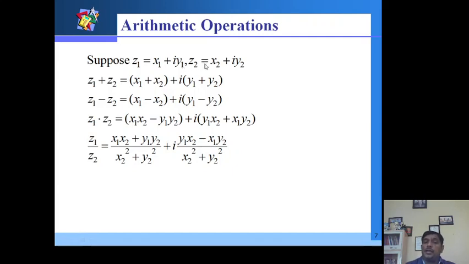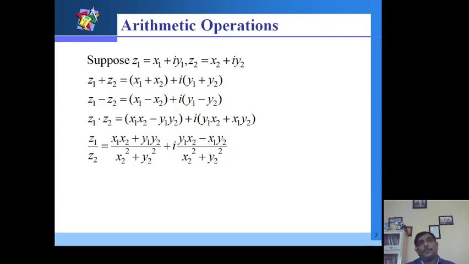Similarly, x1 y2 plus x2 y1 gives the imaginary part. So the product of two complex numbers is again a complex number. In a similar way, for the division of two complex numbers, z1 by z2, you must remember that in the complex number system, a complex number cannot be present in the denominator.